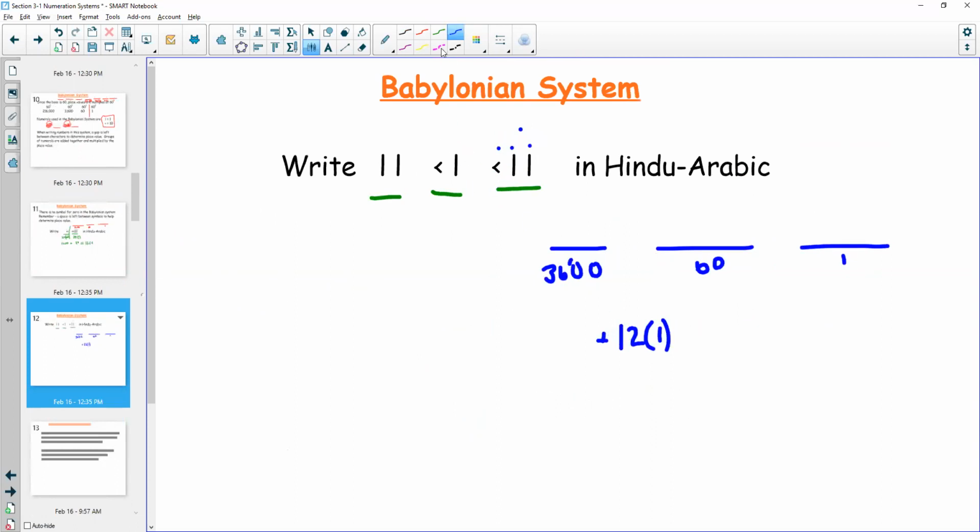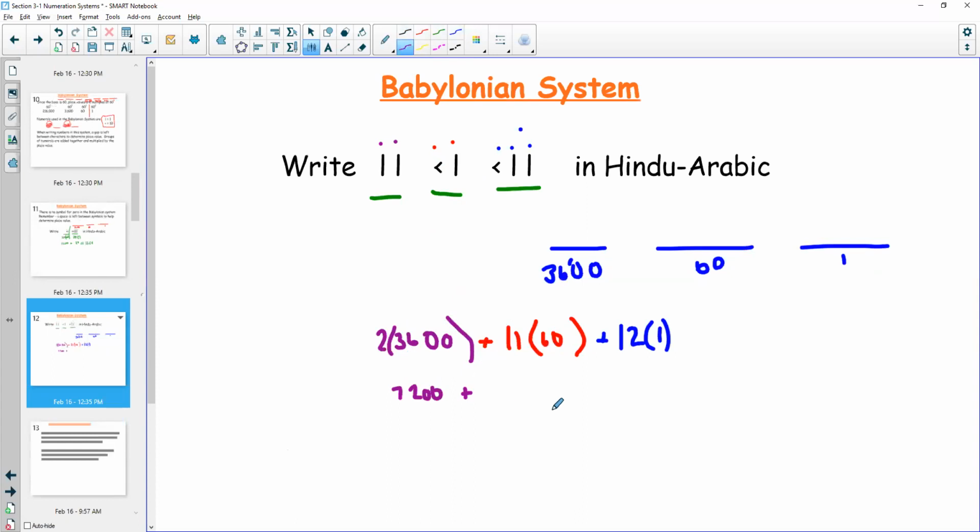And here in the next one, I have 10, 11, and they're worth 60. So I have 11 times 60. And then over here, all the way to the left, I have 1, 2, and those are worth 3,600. 2 3,600s. All right, and now we just have to calculate, right? Well, 3,600 doubled is 7,200.